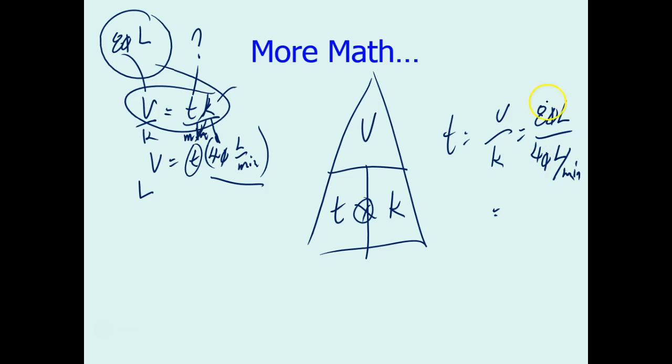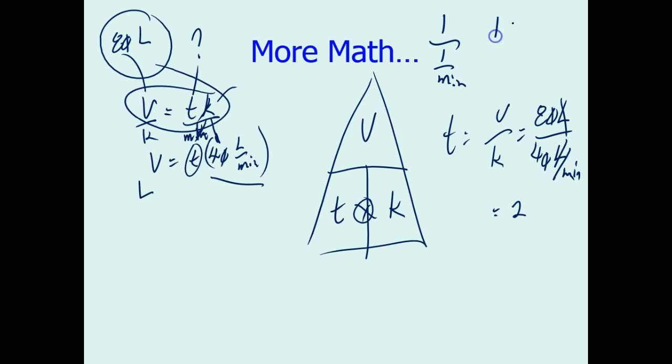Okay, real easy to do the division there. What's that? Okay, the liters cancel out. That would be 2, but your units that you have here is 1 over 1 over minute, because the others canceled out. Well, how do you figure out what that answer is? Remember how you do division of fractions?